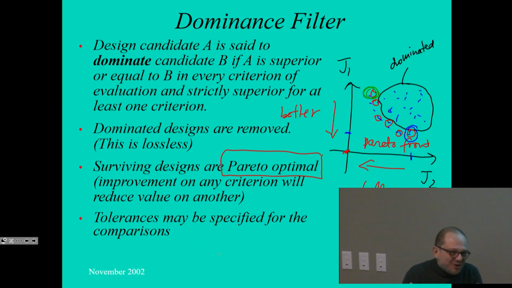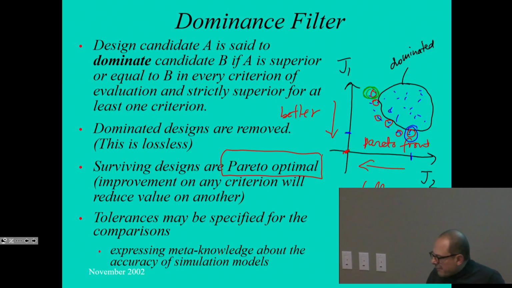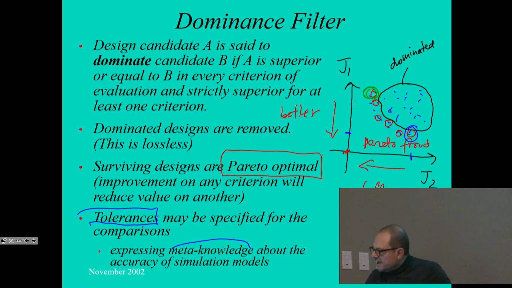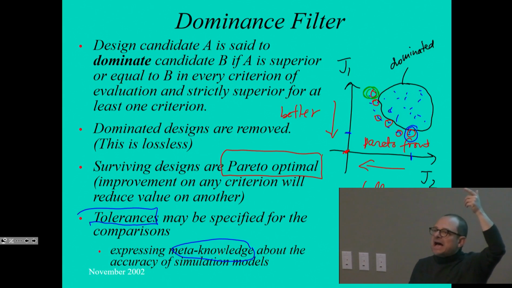They don't. So in specifying whether this design is better than that, we're not going to go to the 4th decimal place. We're going to create some tolerances. That's important. The tolerances are very important because they essentially interpret meta-knowledge, higher level knowledge that we have about the accuracy of the simulation.